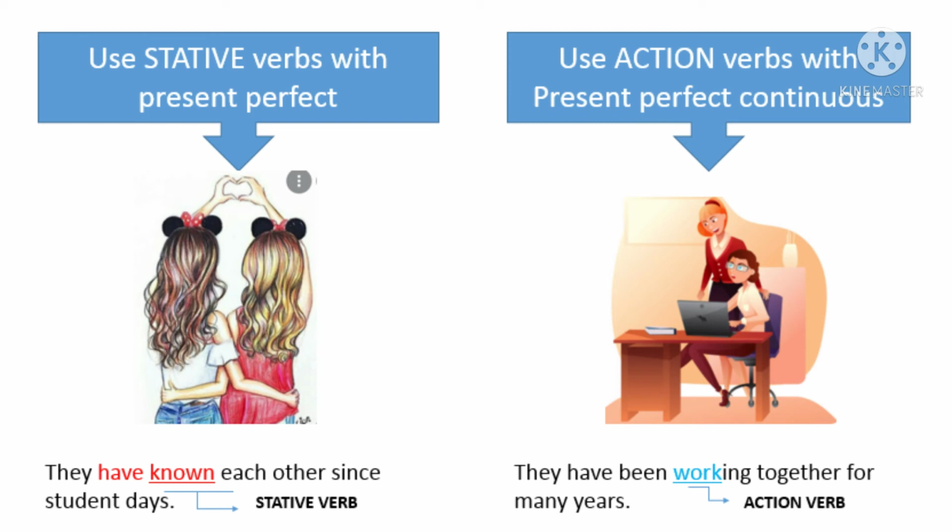Now let's use the action verb work in a sentence, for the present perfect continuous. Here's the example. They have been working together for many years. Work is an action verb. It shows what has been happening for that many years. Okay, that's that. So let's move to the final difference.